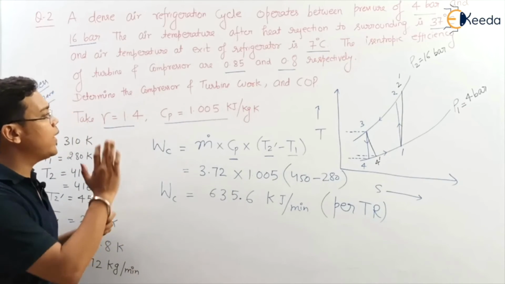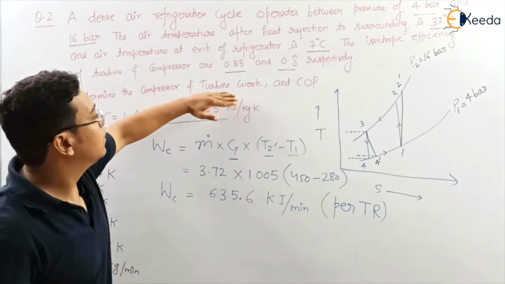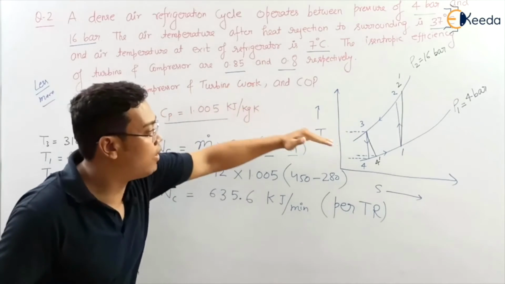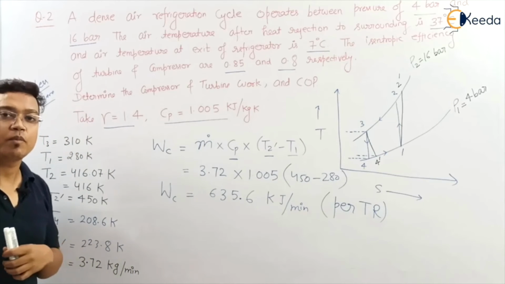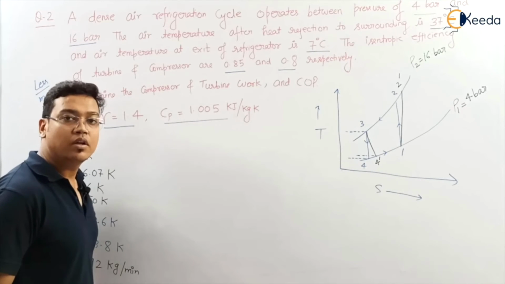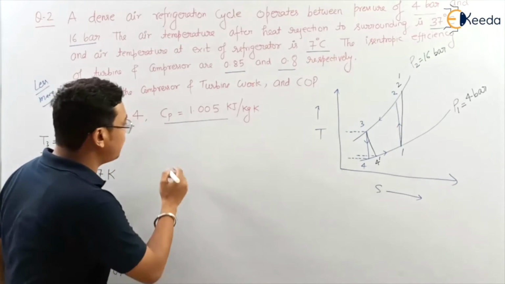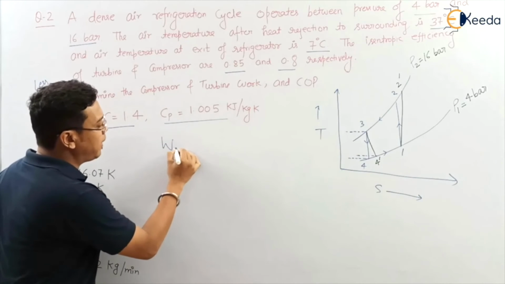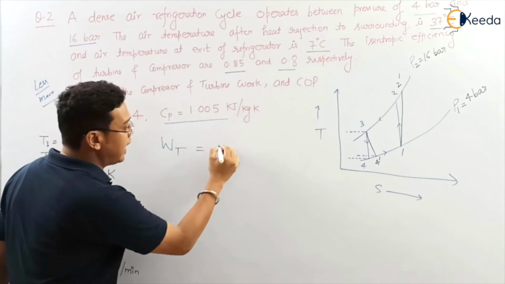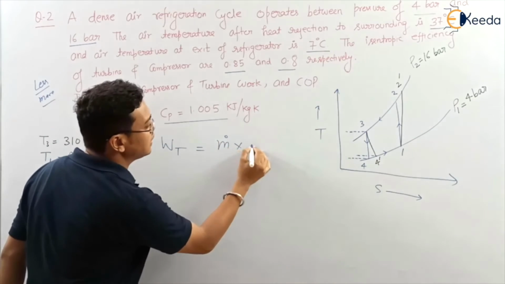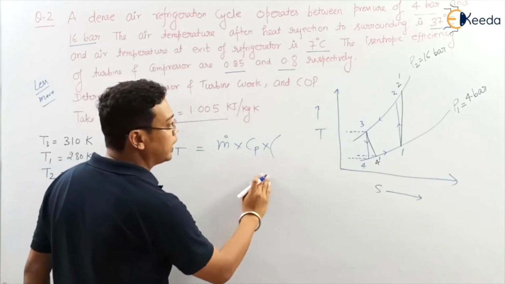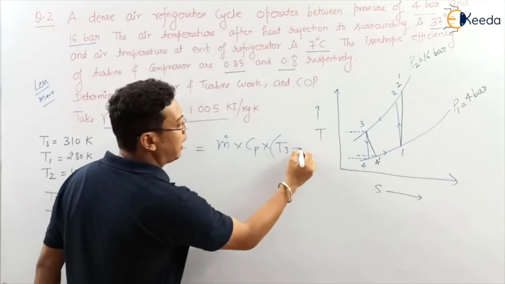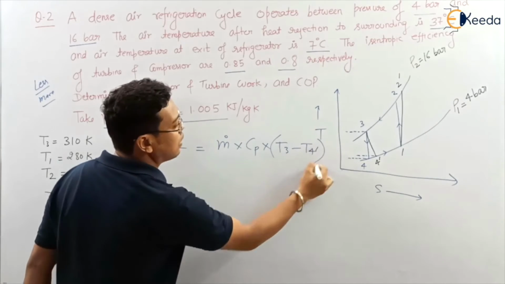Okay, now we will calculate the work done through the turbine, or work output from the turbine. What is the work output from the turbine? Again, it is mass flow rate into Cp into the change in temperature, the actual temperature, T3 minus T4 dash.